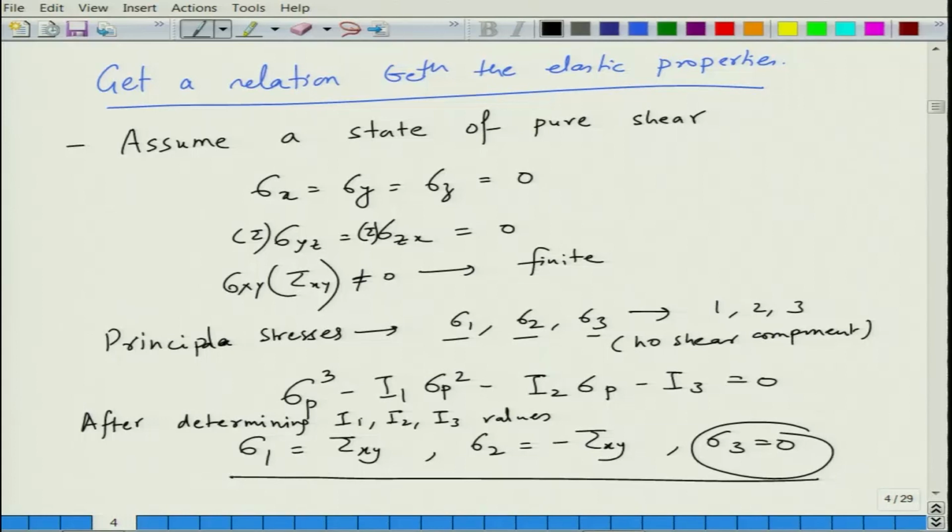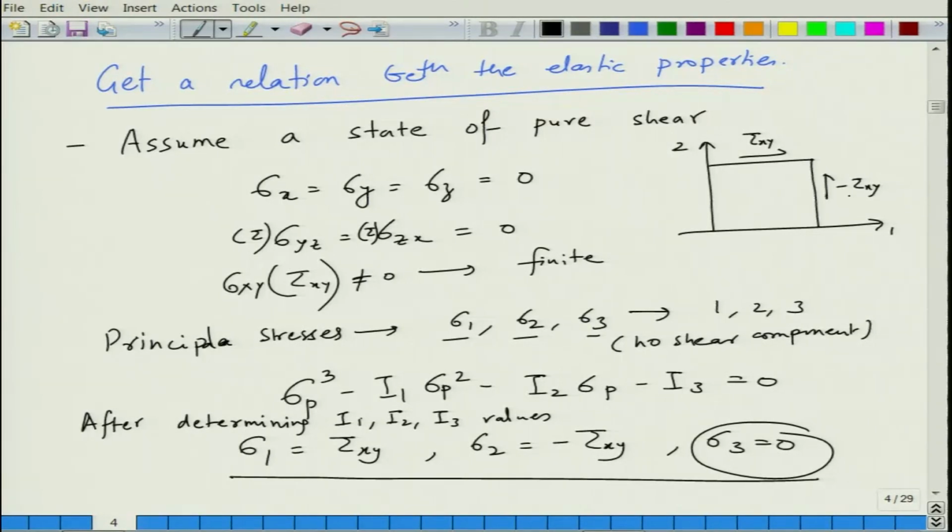The principal stresses are going to be tau xy and minus tau xy. If you want to show this, this is let us say 1, this is let us say 2, then in one case it is going to be tau xy and here it is going to be minus tau xy.